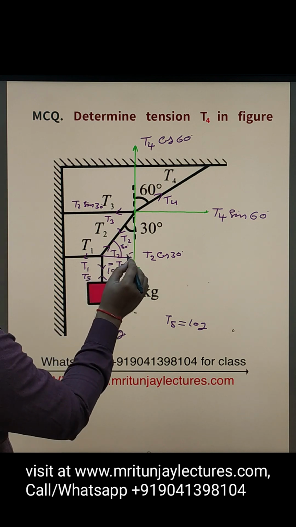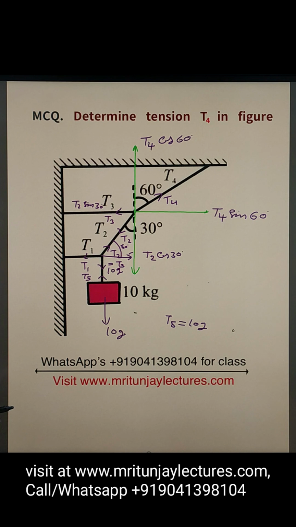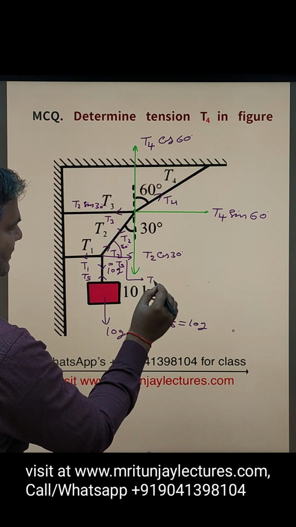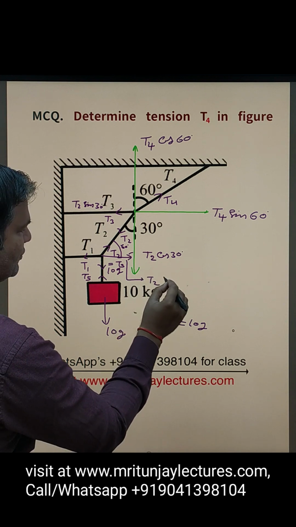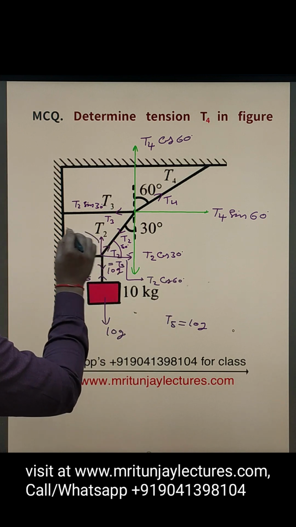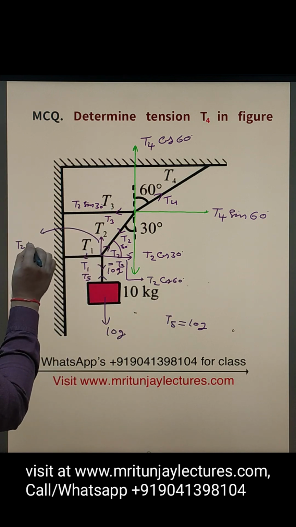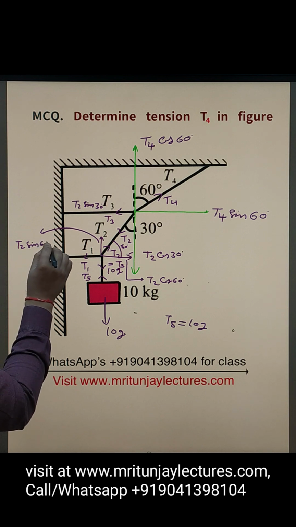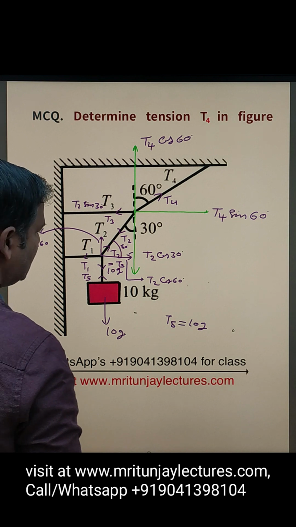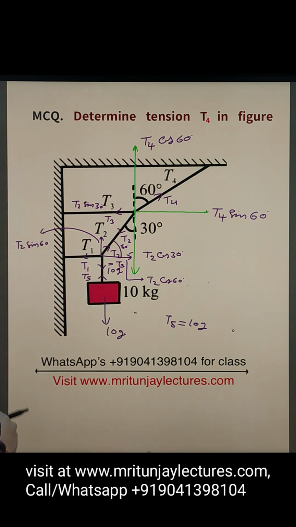If you make the free body diagram of that point, okay. So T2, that one is written T2 cos 60, here T2 sin 60. Okay. First of all, determine corresponding that one.